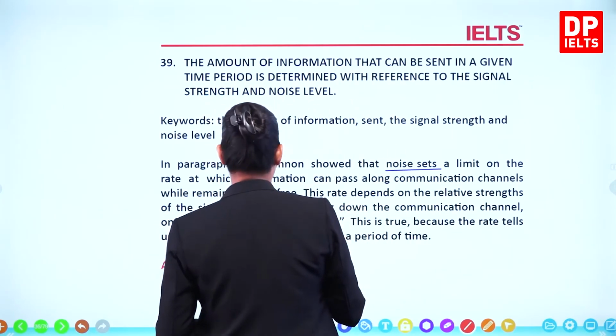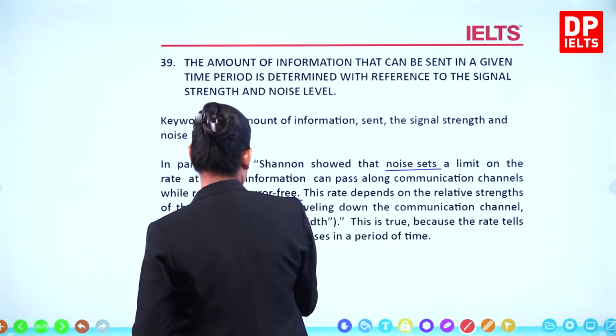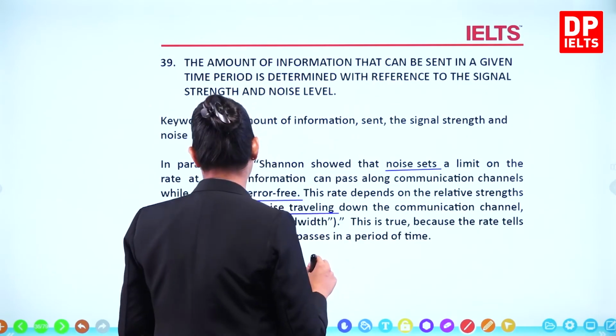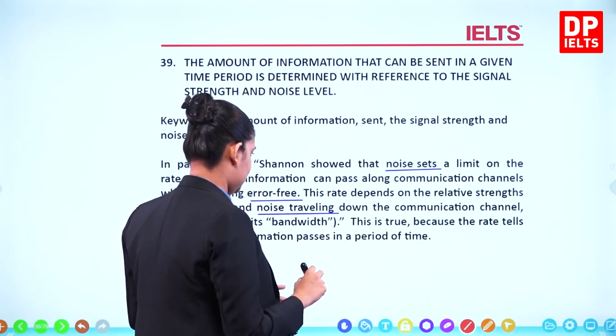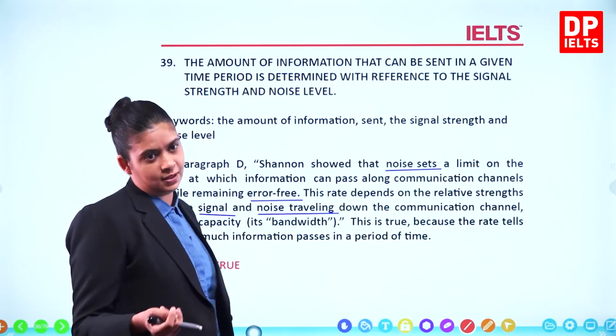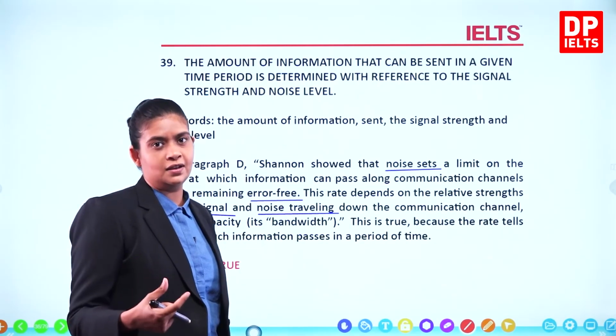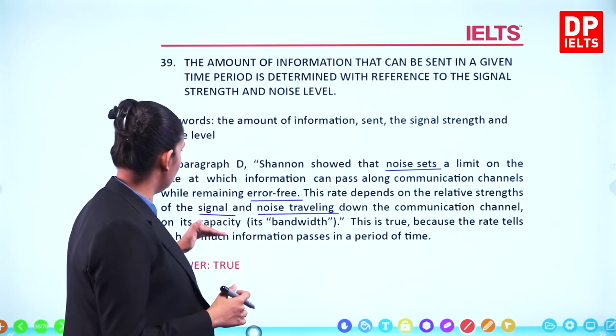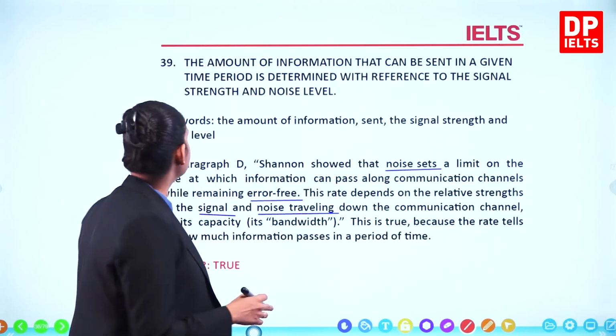This rate depends on the relative strengths of the signal and noise traveling down the communication channel, on its capacity. So this is true. The rate tells how much information passes in a period. So definitely the answer is true and it is in para D, right?